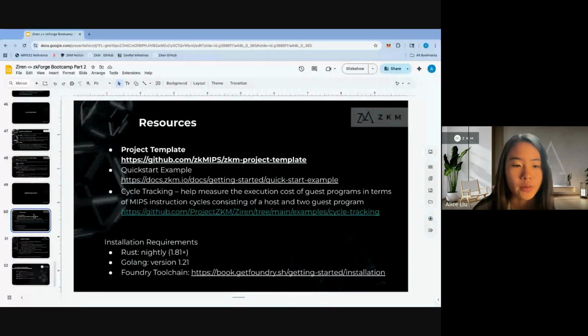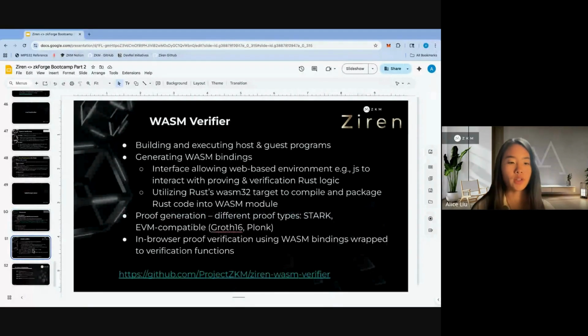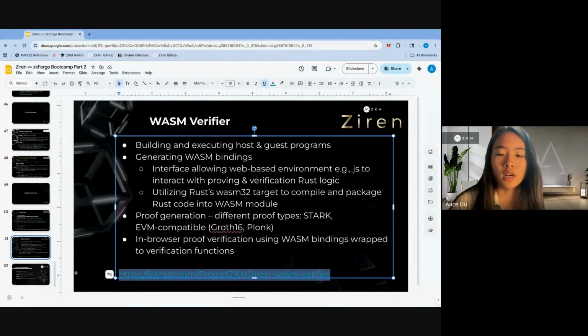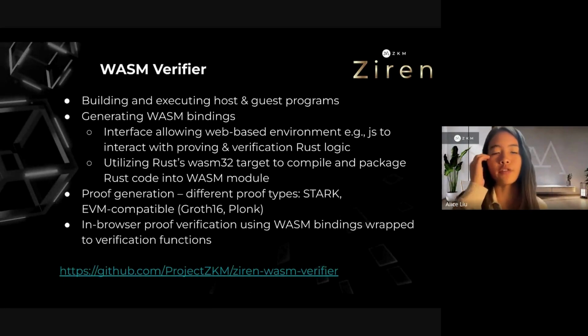Going back over here, I do want to quickly mention, in our demo, we went through the process of doing on-chain verification when we deployed our verifier contract. We also have a repo that's available, and the link is over here. This is for using the WASM verifier.